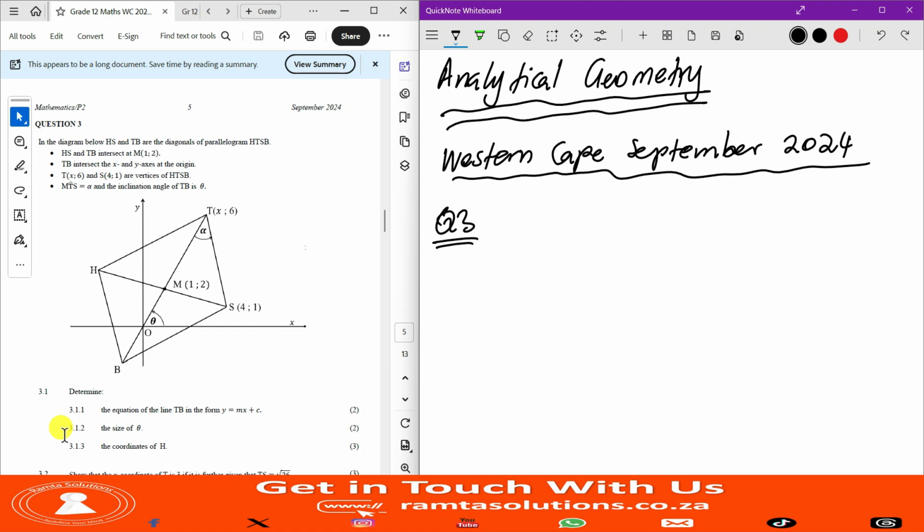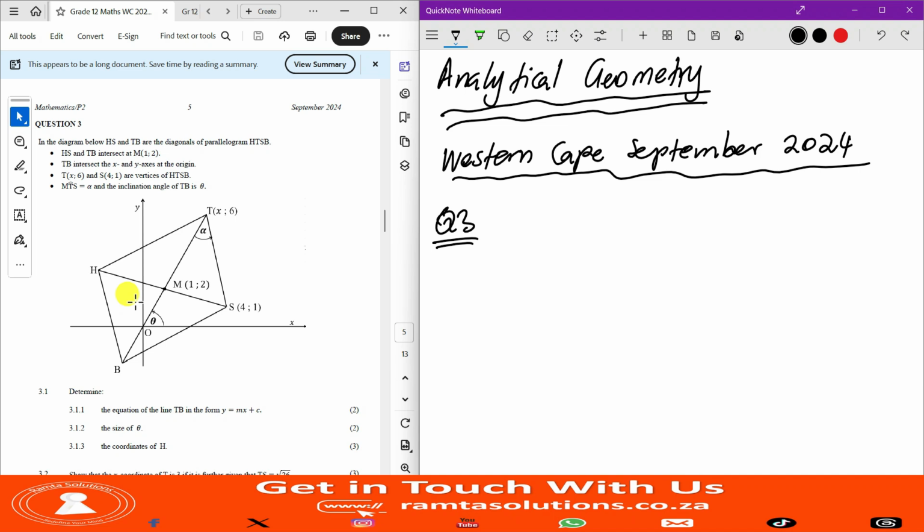HS and TB intersect at M with coordinates (1; 2). TB intersects the x and y axes at the origin. And then T with coordinates (x; 6) and S with coordinates (4; 1) are the vertices of HTSB.